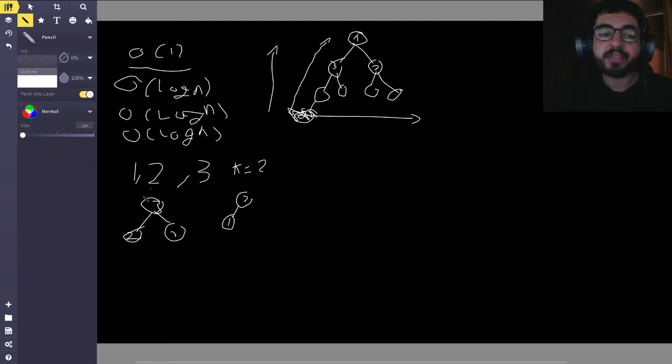Then we would just return the extraction of that resulting heap, or just peek, or just read the value of the top of the heap. So this is our result.